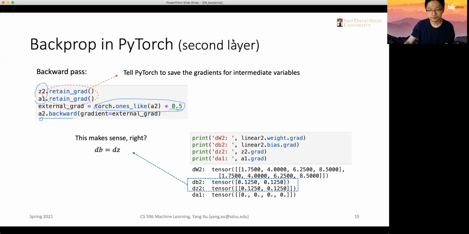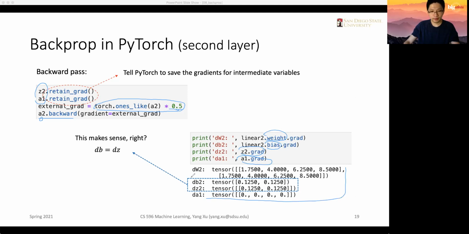So the output is like this. We print out the gradients for the weights, the bias, Z2, and A1, and it will output something like this.